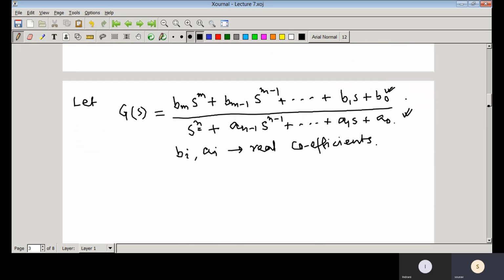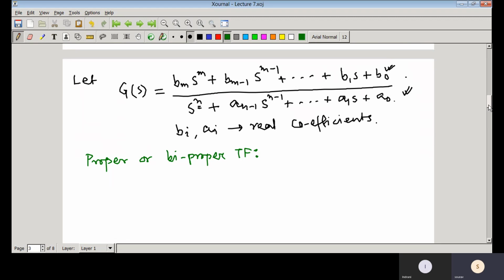So what is a proper or biproper transfer function? Transfer function, I am using the abbreviation TF, is proper or biproper whenever m equal to n.